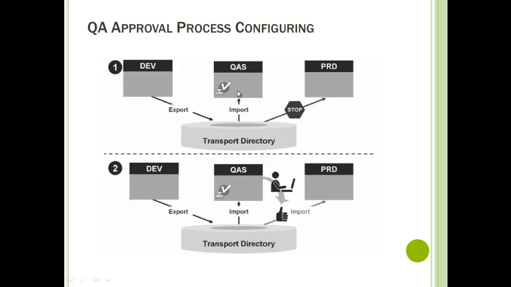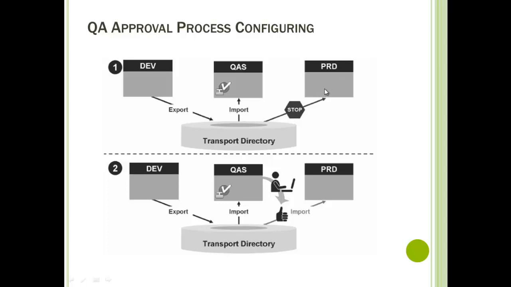Meaning to say, without approval, in STMS this TR will not be imported. If we do not have QA approval, it will be automatically available in PRD, the productive system, for import. In general, whenever you release any transport or export any TR to the transport directory, the particular TR is automatically added to the consolidation and the delivery systems' import queues.